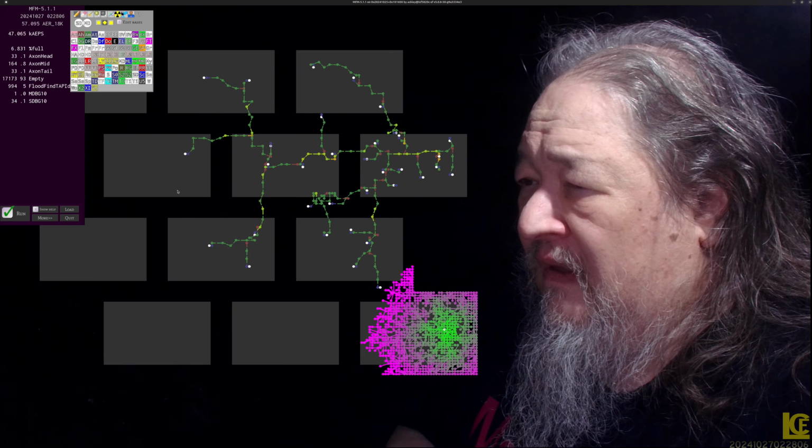Let's put another one in here. Put one right between these two guys, see which one it finds. Over here, another one way up here.